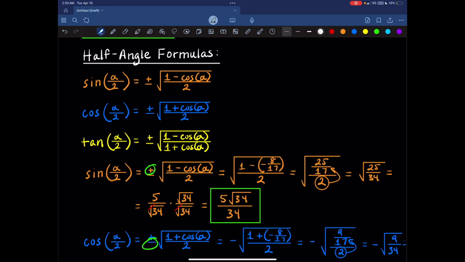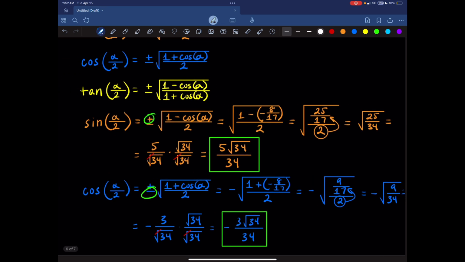But we also had to pay attention to the signs and make sure that because our half angle was in quadrant 2, we chose the right sign for our exact value. And these are our final answers.